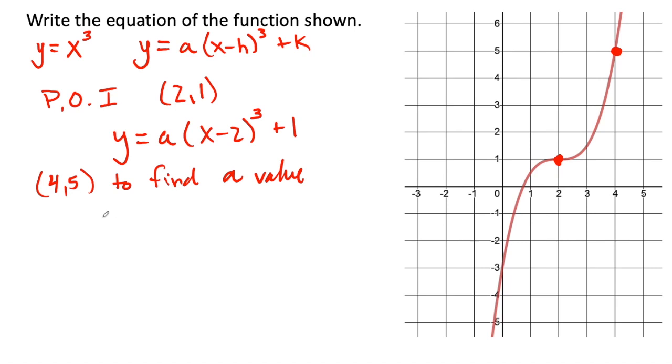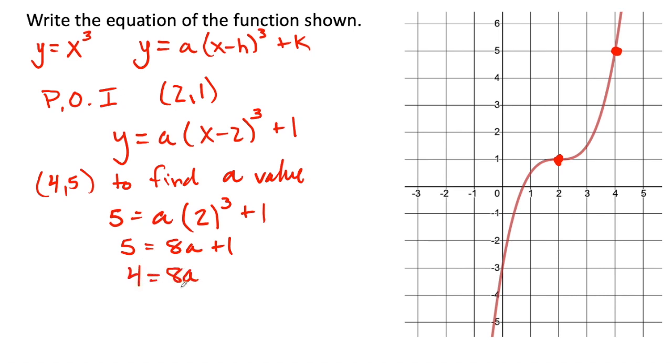So I'm going to plug in 4, 5. So 5 is equal to a, and some mental math: 4 minus 2 is 2, cubed is 8, plus 1. So 5 equals 8a plus 1, 4 equals 8a, a equals 1/2.